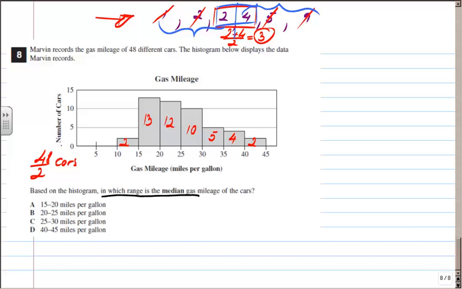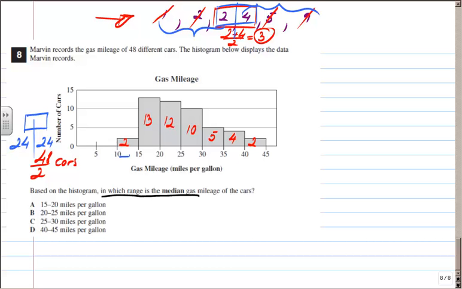I'm breaking them in half, left and right, and I'm getting 24 on the left side and 24 on the right side of my median. Because there are 2 even numbers here, to find the median I have to average the gas mileage of the 2 cars in the middle. But where are those 24 cars?